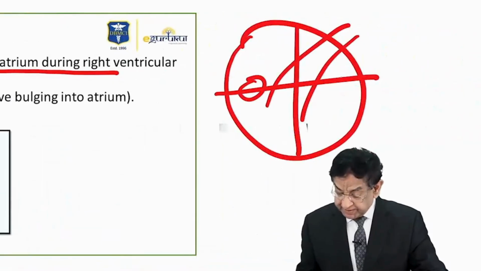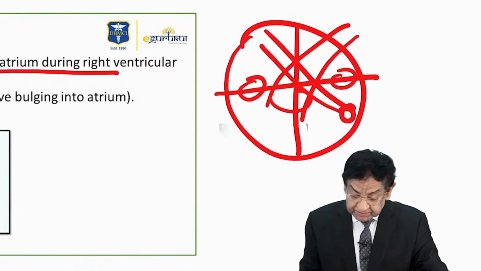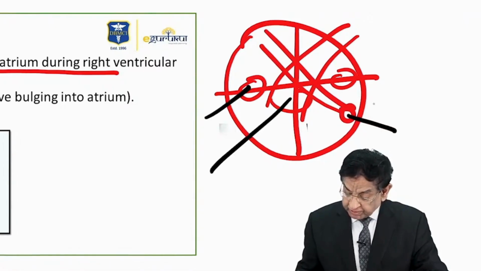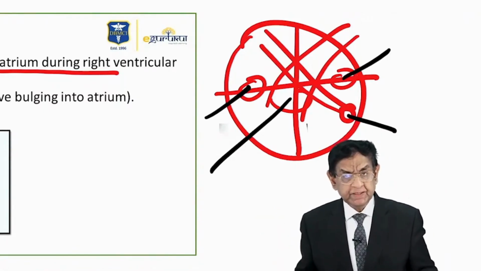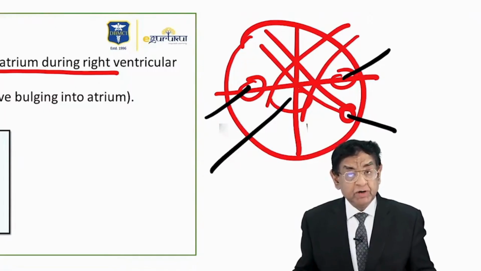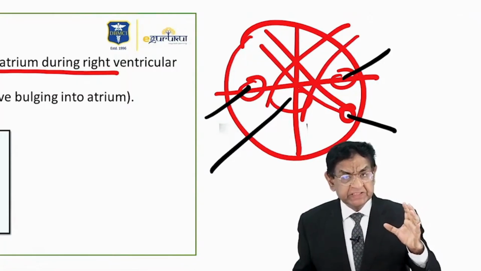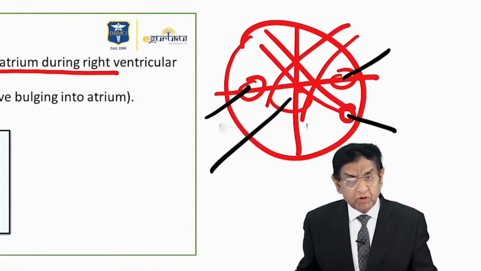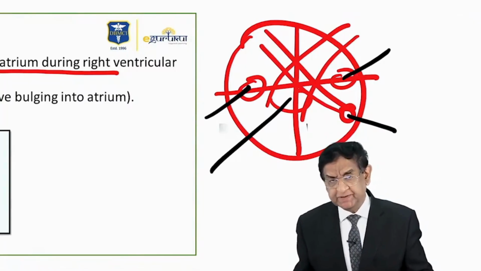It is the period when all the valves are closed: tricuspid, pulmonary, aortic and mitral. Ventricle muscles are contracting, but pressure is simply getting generated. All the valves are closed, and this very brief period is the so-called isovolumetric contraction.